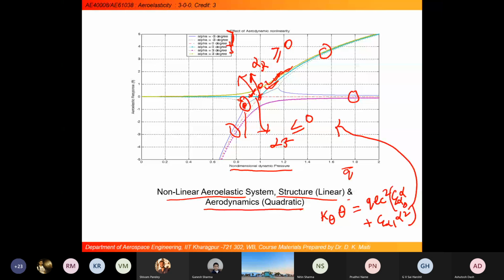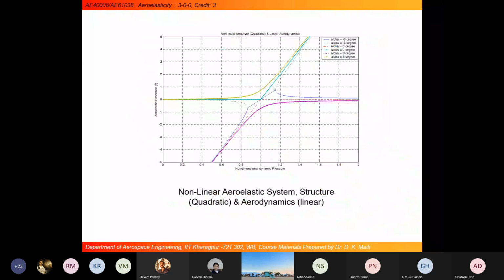Similarly, if I go to the quadratic nonlinear system with structural nonlinearity quadratic and aerodynamic linearity, linear system, then again I have just plotted here how it is varying from this point. Here we are getting the roots.